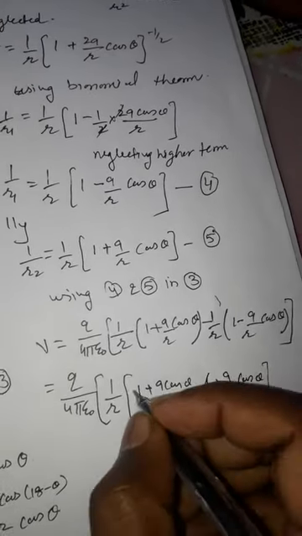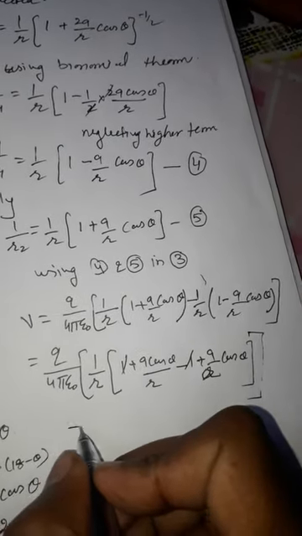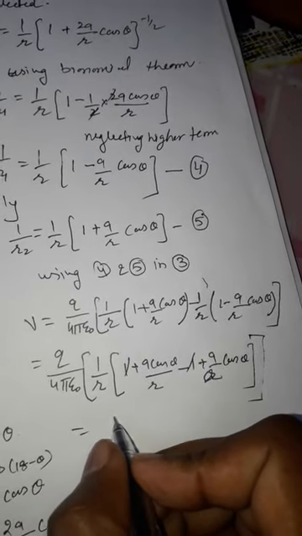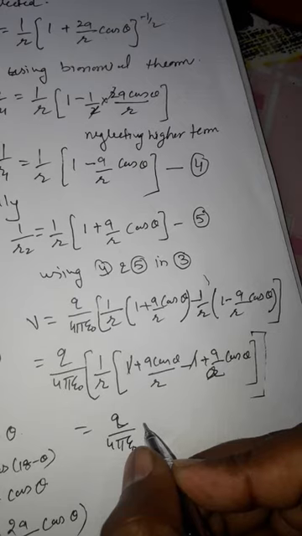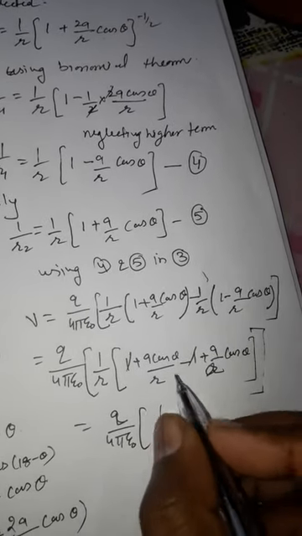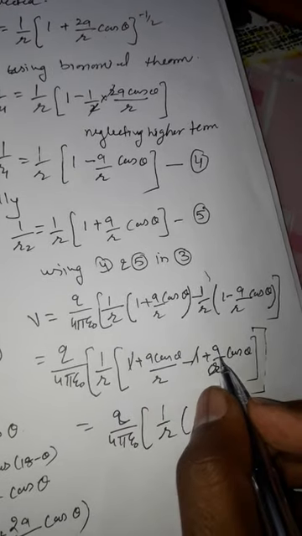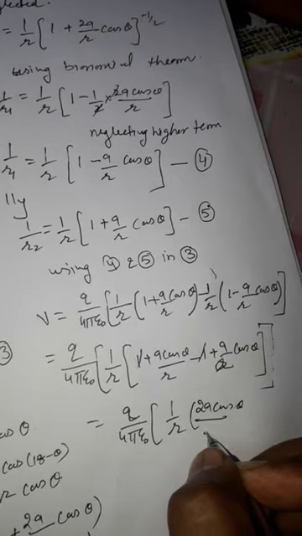So 1 minus 1 cancels out and we remain with q upon 4 pi epsilon naught, 1 by r into 2a cos theta upon r.